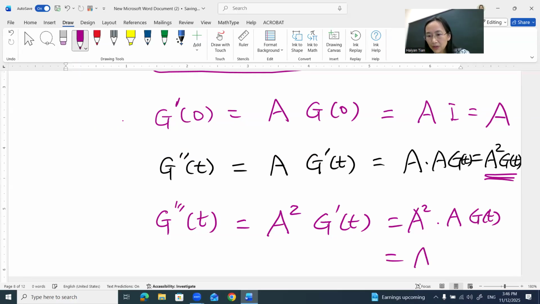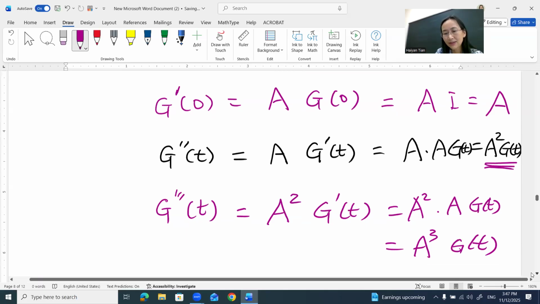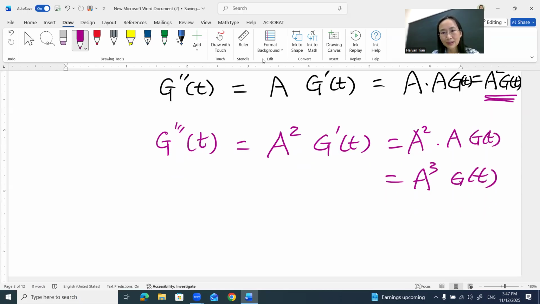Then we have A to the third power times G. So we see the pattern, just like any solution, because X solution satisfies the similar pattern. This matrix is a matrix of solutions, so it satisfying the same pattern is not a surprise.